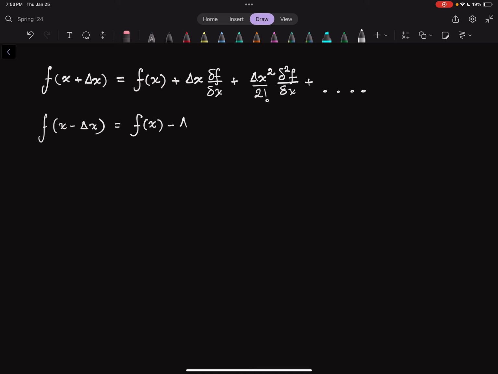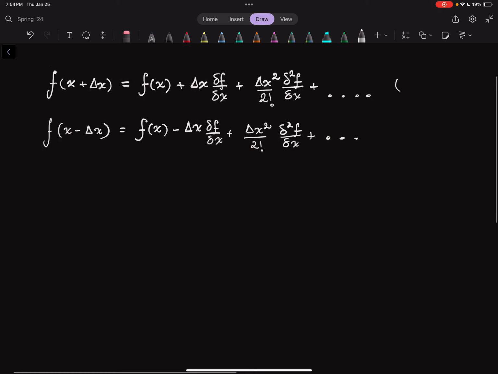So what would change? Well, essentially, all the terms that have an odd exponent, including this one that has an exponent of 1, would have a negative in front, right? Plus higher order terms.